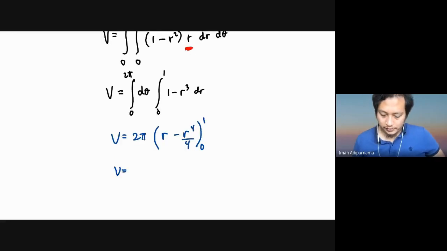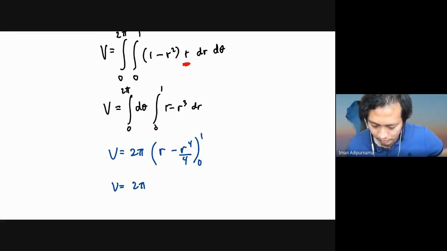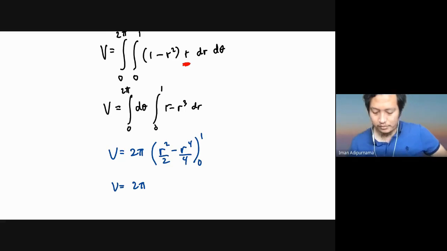Oh, sorry, this should be r squared over 2, and this is 1/4. Half minus 1/4, it's pi/2.